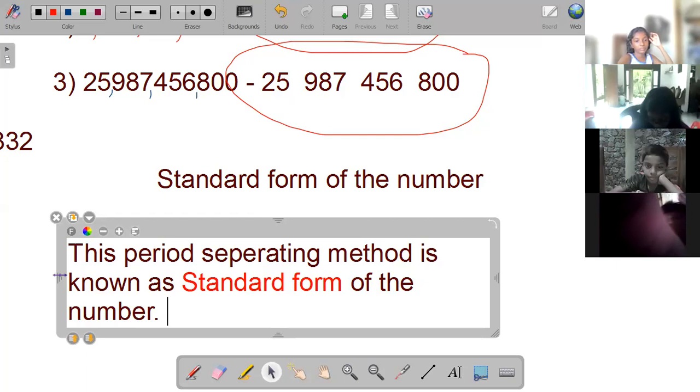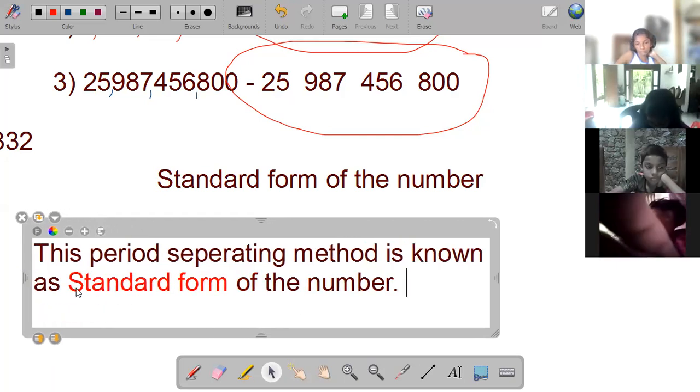Standard form of the number. You can use the different color. I also type with a different color.